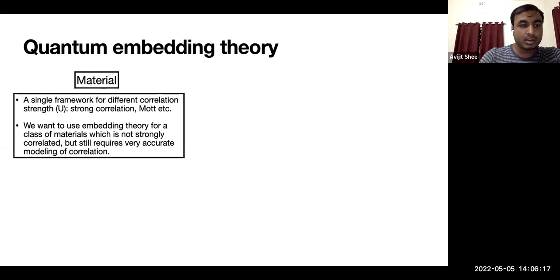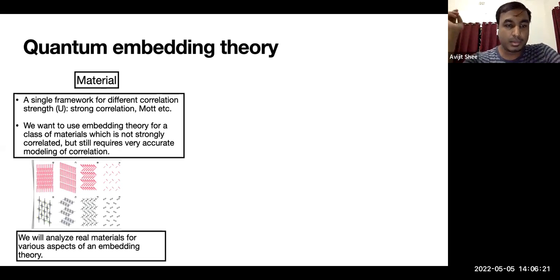But what sometimes is neglected is that there is a class of materials which is not per se strongly correlated, but is often categorized as weakly correlated, like organic semiconductors and other molecular crystals.